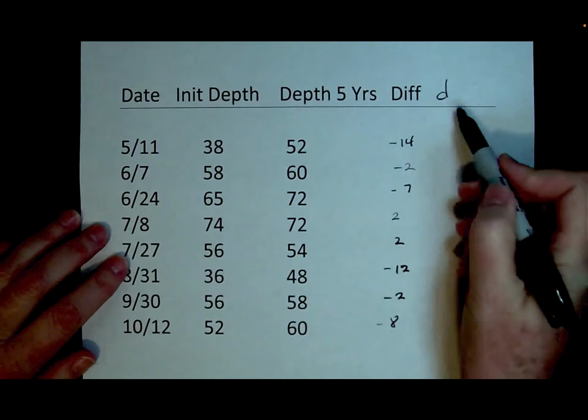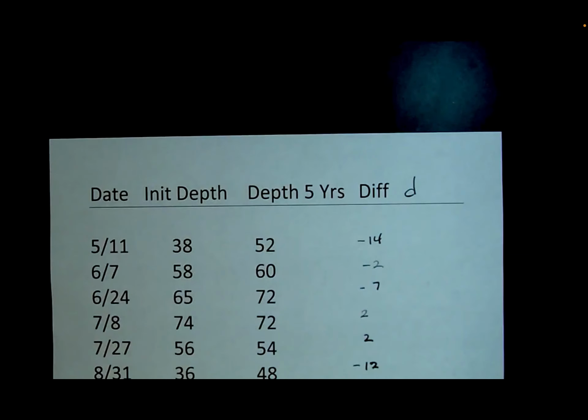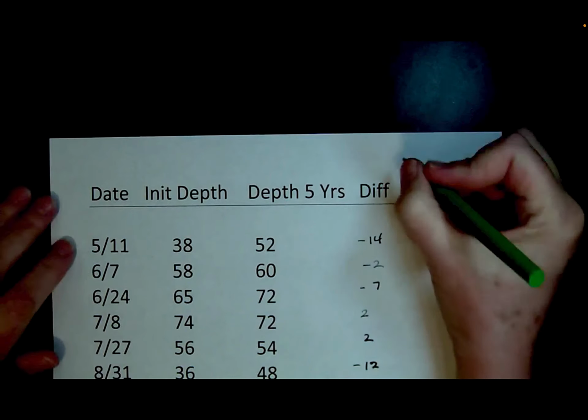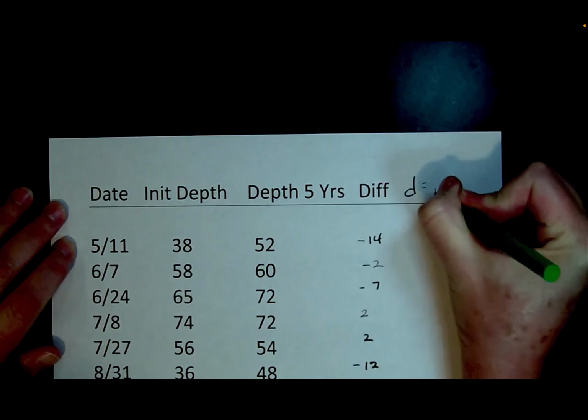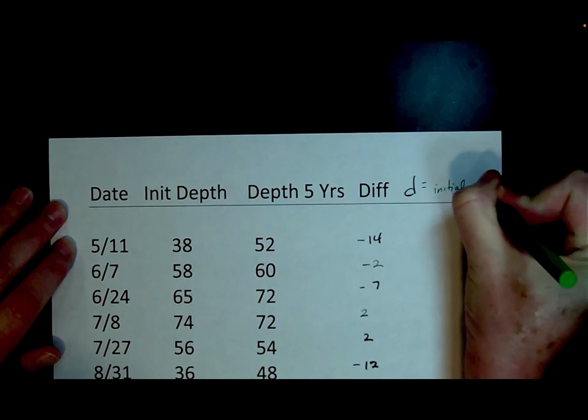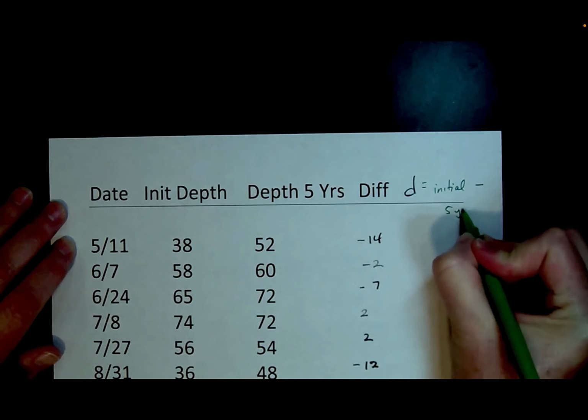So this difference D, again, maybe I should make a note of that in the heading here. I probably should, so that I know later what I've done. This difference, the way we got this was by doing initial minus 5 years later.